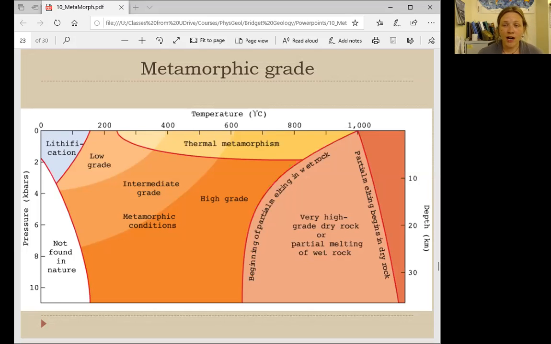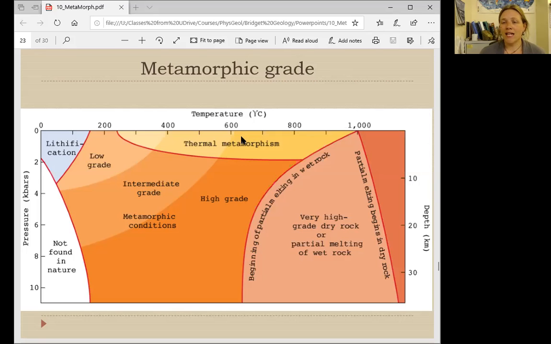increases in pressure. And remember, as we go down to greater depths within the earth, usually there's an increase in temperature and pressure together. But there may be some environments where there's an increase in temperature that might be created by exposure to a magma chamber or some movement of magma underneath the earth, or a hotspot type of environment, that doesn't necessarily correspond to a great increase in pressure.